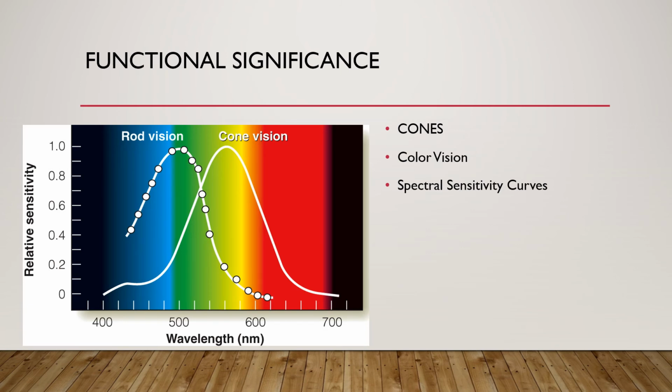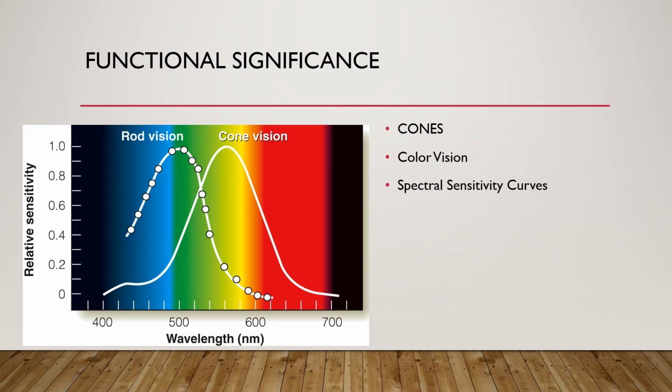As we get to the functional significance, rods are really giving us that good dark adaptation and the ability to see in the dark. For cones, they are really giving us our color vision, and we're going to see how they do this by looking at spectral sensitivity curves. The curve shows the relative sensitivity, but usually what it's showing is the absorption spectra for a particular type of cone or for the rods.